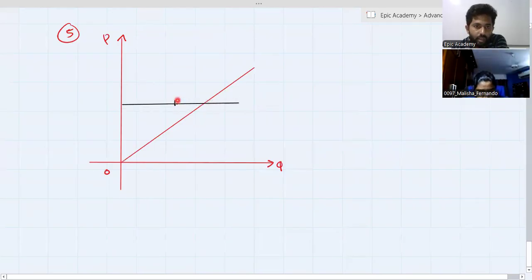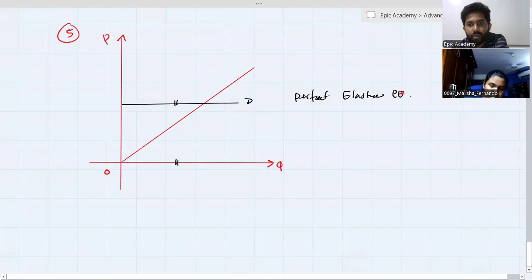Why? Because demand is perfectly elastic. Perfectly elastic means PED equals infinity. Okay, this is the supply curve.